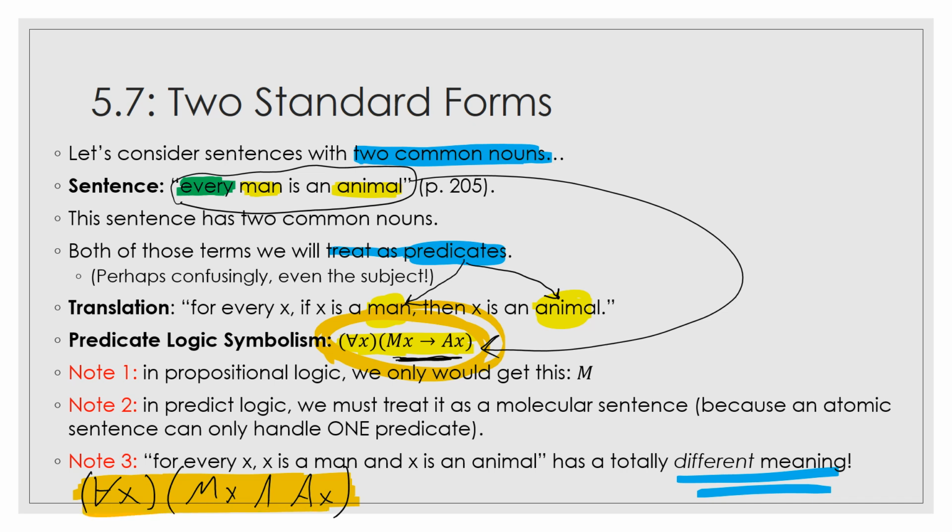So this new statement, for all x, x is M and x is A, says everything is a man and an animal. Whereas the other statement, where we treat it as a conditional, we're saying if it is a man, then it is an animal. Indeed, we want to restrict animality to mankind. We don't want to say every single thing out there in the world is an animal.